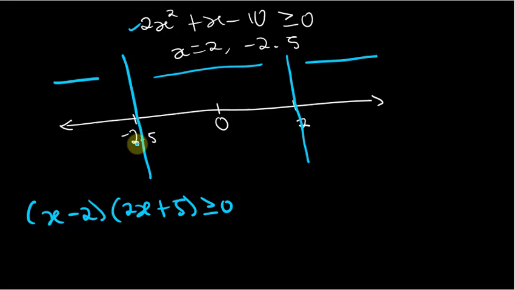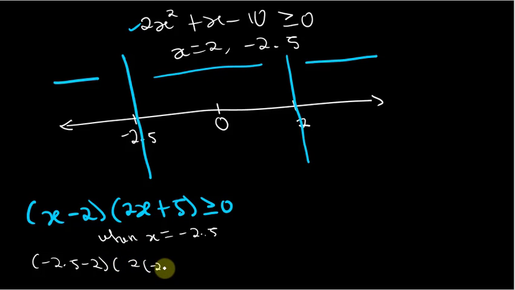We start with negative 2.5. When x is equal to negative 2.5, we have negative 2.5 minus 2, times 2 multiplying negative 2.5 plus 5, is greater than or equal to 0. In this bracket, 2 times negative 2.5 gives negative 5, plus 5 gives 0.